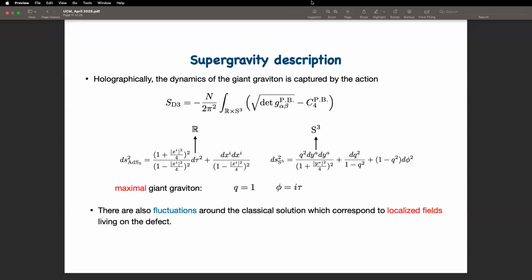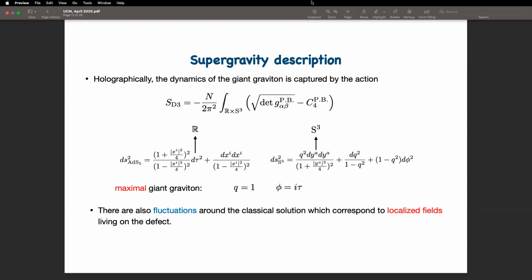It's just starting from the origin, and it shoots upwards, perpendicular to the conformal boundary. Now for this S3, I'm describing it using these YA coordinates, and there are also 2 orthogonal directions, which are Q and phi. So phi is an angle. And the maximal giant graviton corresponds to the case where Q is 1 and phi is i tau. Okay, so in this talk I'm going to focus on maximal giant gravitons.